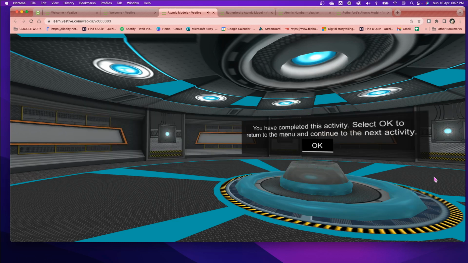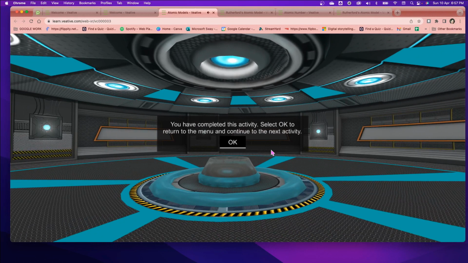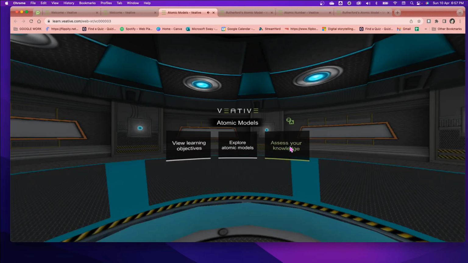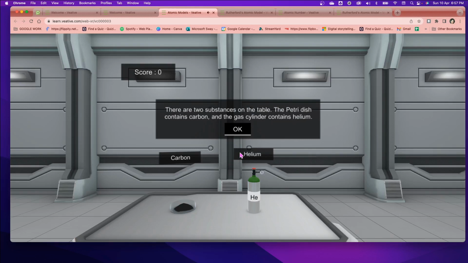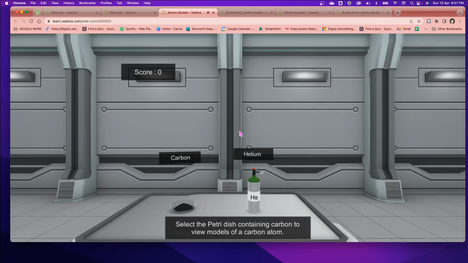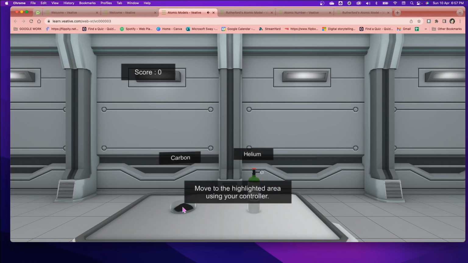You have completed this activity. Select OK to return to the menu and assess your knowledge. Follow the instructions to perform the assessment. There are 2 substances on the table. Select the petri dish containing carbon to view models of a carbon atom. Move to the highlighted area using your controller.